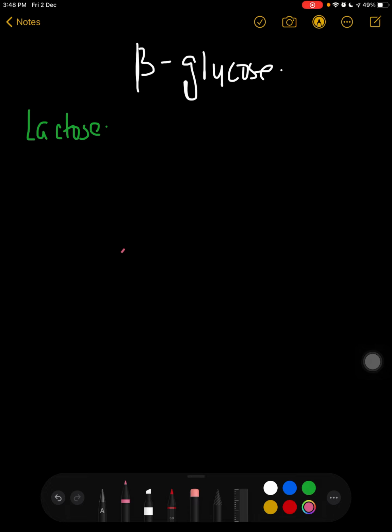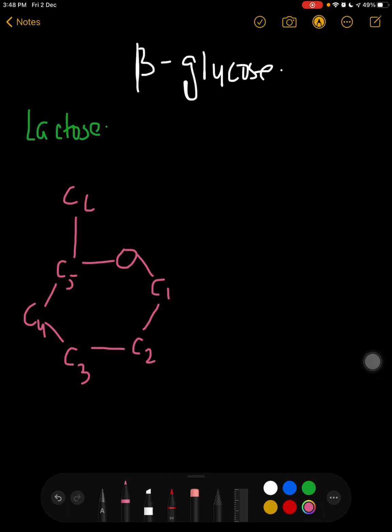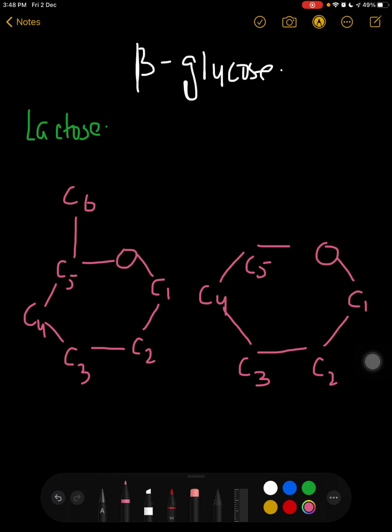Here you can see this is oxygen, this is carbon number 1, carbon number 2, carbon number 3, carbon number 4, carbon number 5, this is carbon number 6, right? Oxygen, carbon number 1, 2, 3, 4, 5, and here carbon number 6. Okay, let's place them.